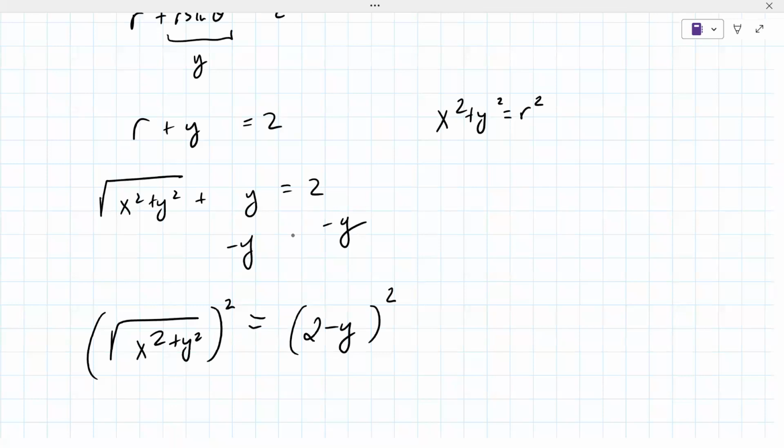So then x squared plus y squared equals, and you have to multiply that out like it's a binomial times a binomial. y squared minus 4y plus 4.